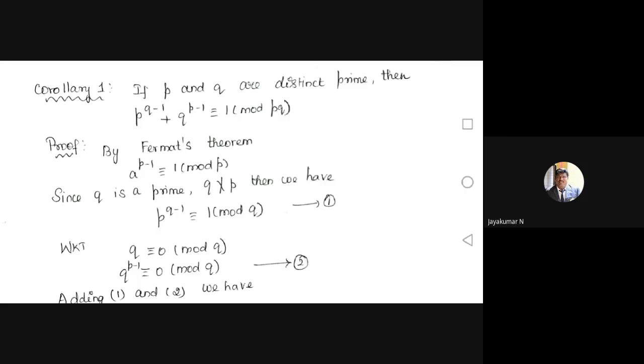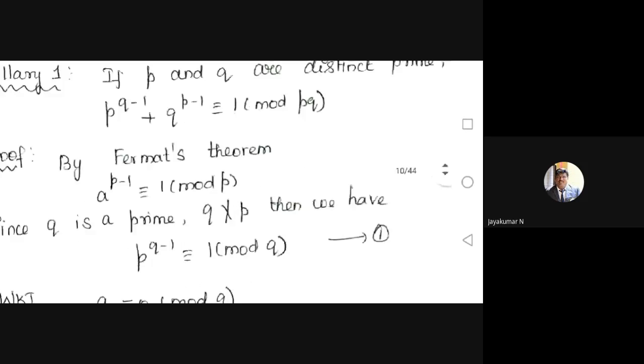Then we can write p power q minus 1 is congruent to 1 mod q. If q does not divide p, we can write p power q minus 1 is congruent to 1 mod q. This is equation 1, which was written by using Fermat's little theorem.